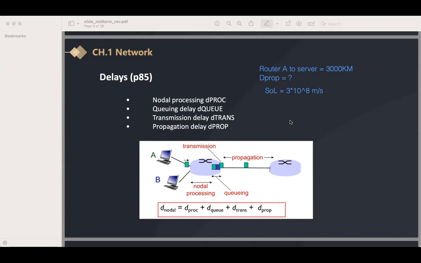Yeah, pretty close to the correct answer. So this one is pretty easy to calculate, right? The propagation delay will equal the physical distance divided by the speed of light.